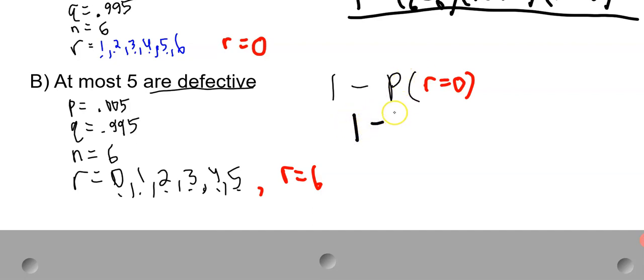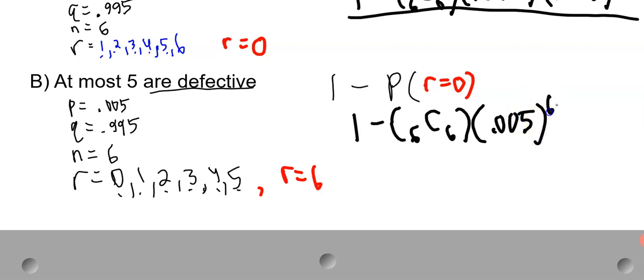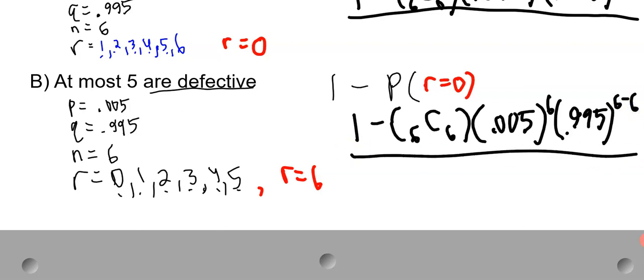So 1 minus nCr, that would be 6 choose 6 times 0.005 to the 6th times 0.995 to the 6 minus 6, which is 0. Type that in your calculator, you get the answer much faster. Or you could do the binomial theorem 6 times, add up all those probabilities, and you'll get the correct answer. This is called the complement of an event.